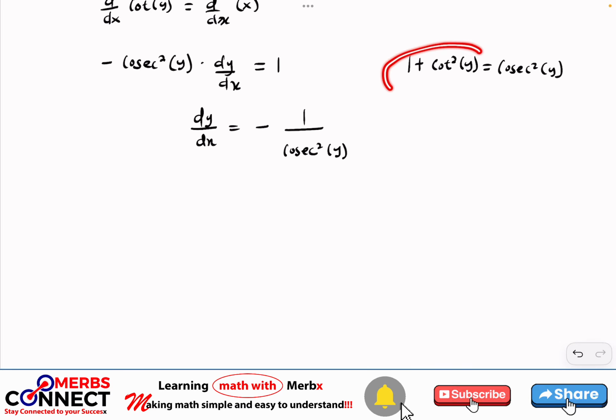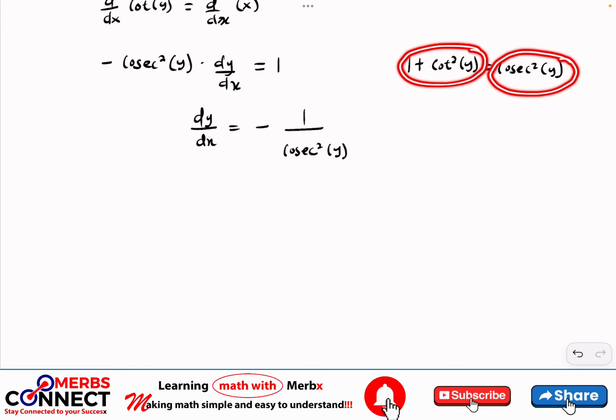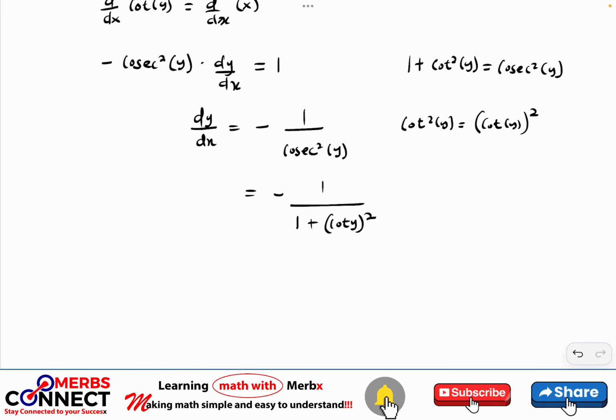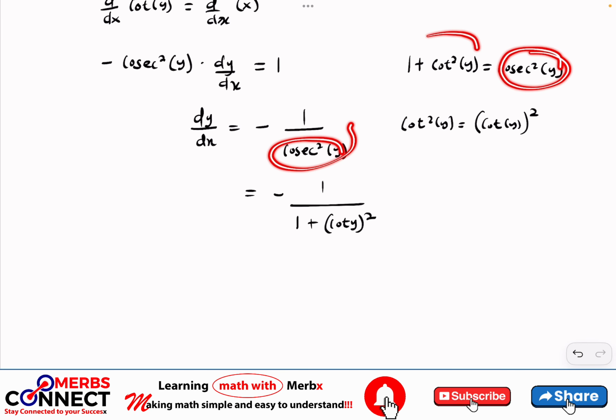So this is one of the trig identities, and it means that we can replace this one by this. We can also write cotangent squared of y as cotangent of y all squared. So we can write this as minus 1 divided by 1 plus cotangent y all squared.